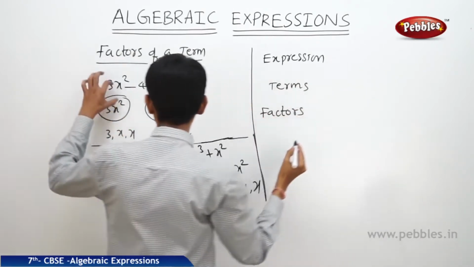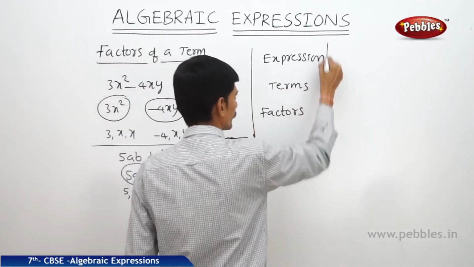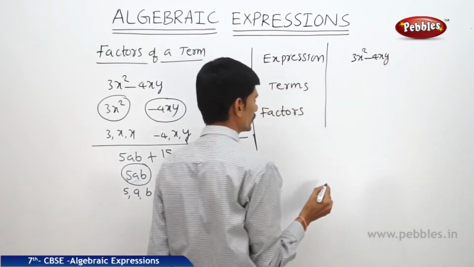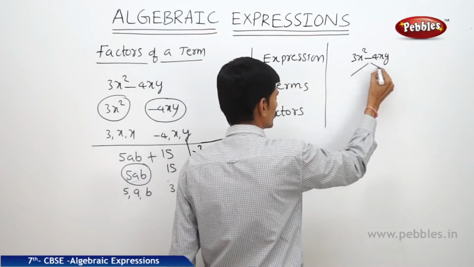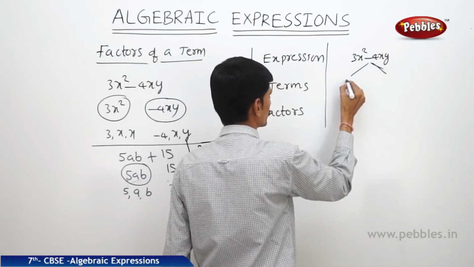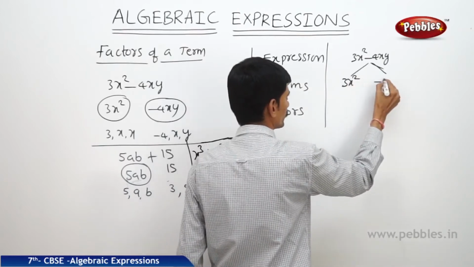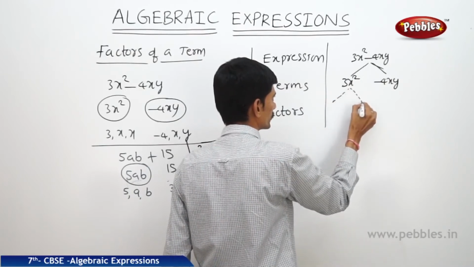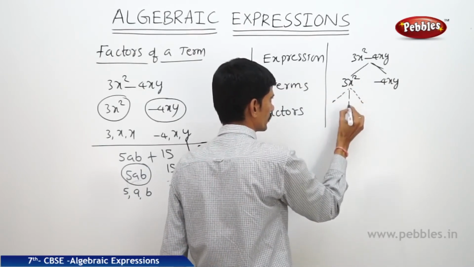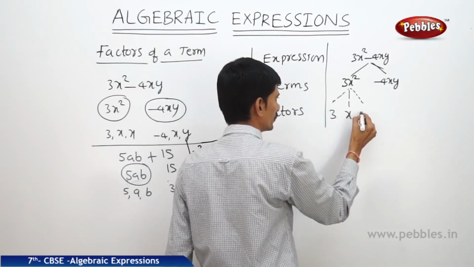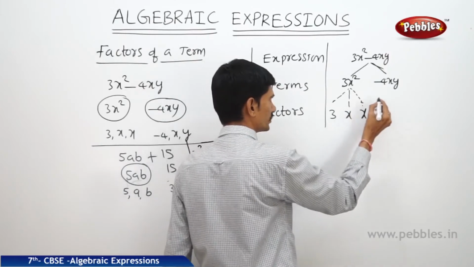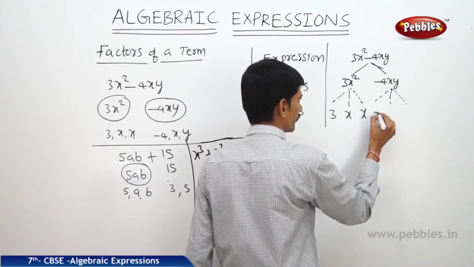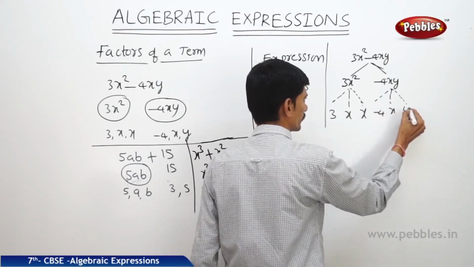So if you write the first expression 3x square minus 4xy, in this expression there are two terms, such as 3x square and minus 4xy. So the first term consists of the factors 3x and also x, and the second term minus 4xy consists of the factors minus 4x and also y.